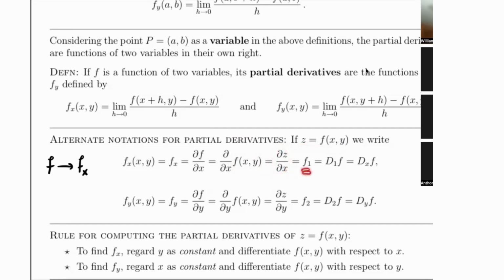This kind of notation is used a lot if you have functions of, say, 1,000 variables. You're going to run out of letters long before you run out of variables. So oftentimes something like this will be used, where the one here is just simply indicating we're differentiating with respect to the first coordinate. Down here where it's f sub y, this is differentiating with respect to the second coordinate.